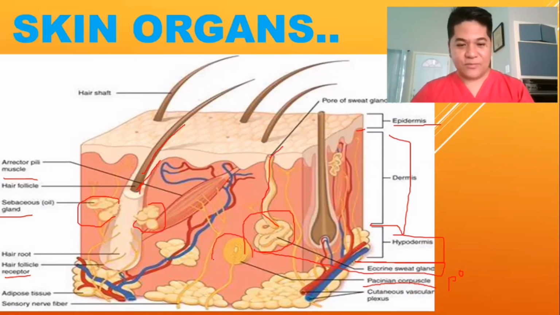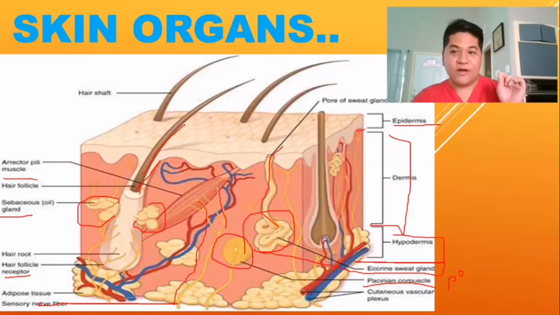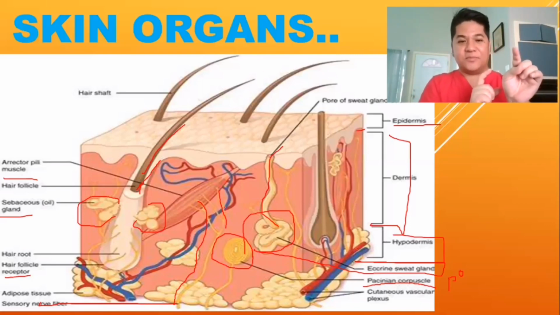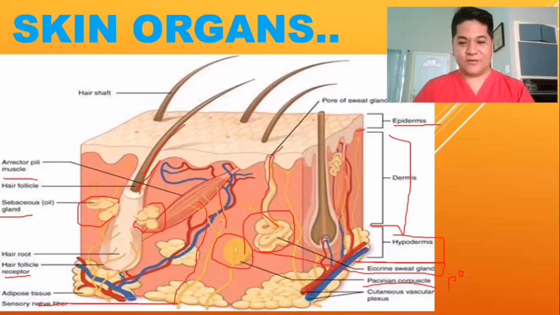And as you can see, we have the sensory nerve fiber down below. It innervates your muscle. Whenever you need to shiver, it will stimulate that muscle, the erector pili muscle, which will contract and let your hair move. So that's the function of that.